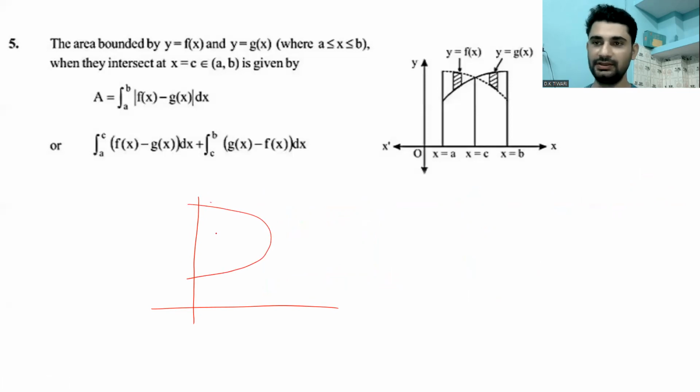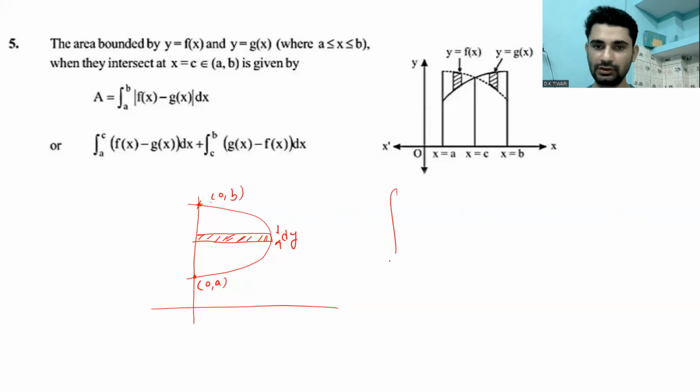In this case, we have to take a strip like this. You can also take the strip on the x-axis, but in this case, it is suitable to make the strip on the y-axis. This width is now dy, and y, say, varies from (0, a) to (0, b).